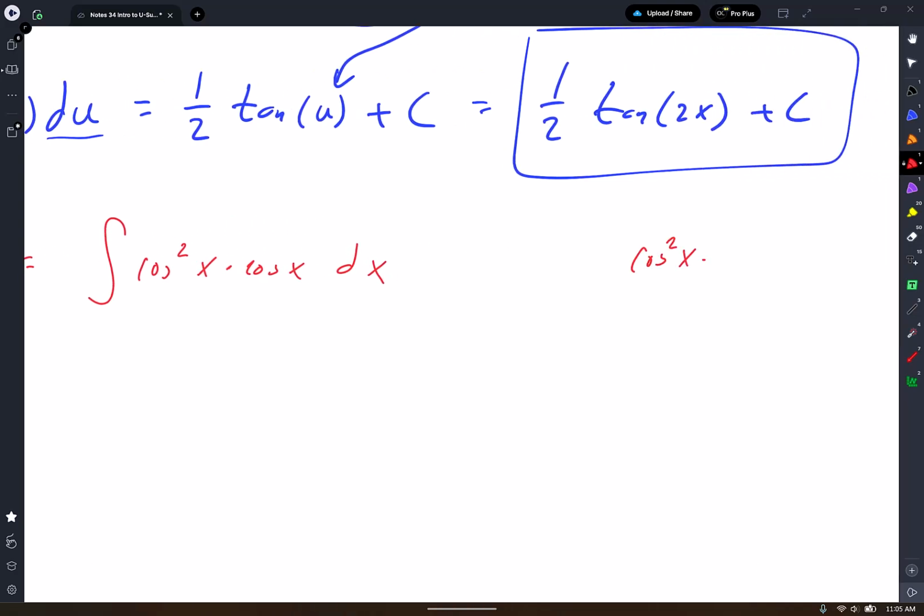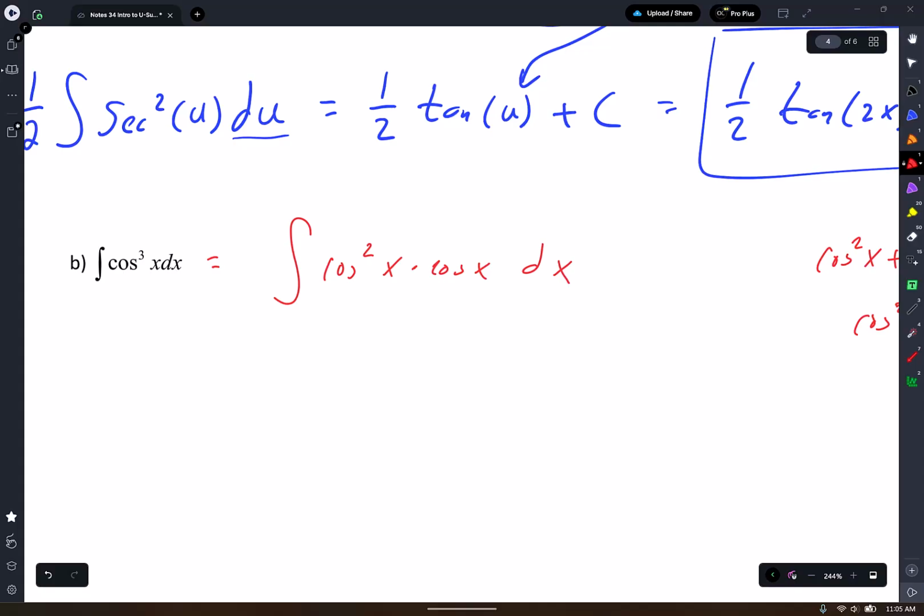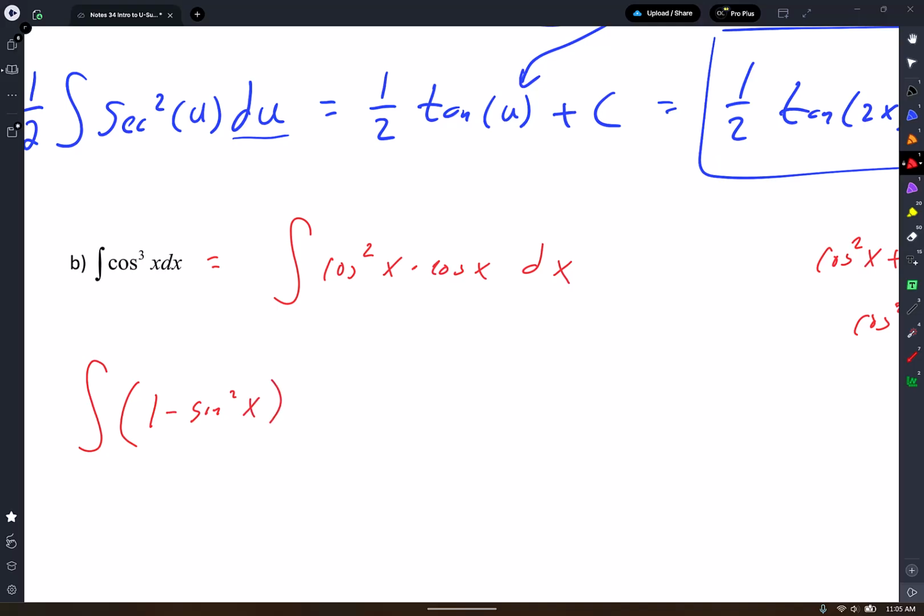Cosine squared x plus sine squared x equals 1. And look, if I move that sine squared to the right, I know that cosine squared x equals 1 minus sine squared x. Do you guys see that? And I can rewrite this integral as the integral of parenthesis, 1 minus sine squared x, close it, cosine x dx.